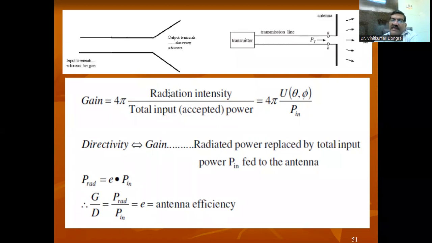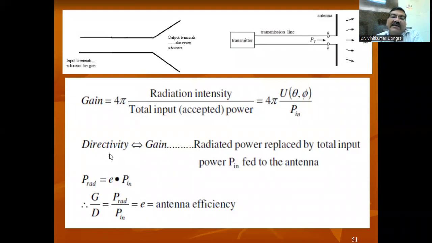So the radiation intensity in the particular direction, U of theta 0. Just now we have seen the radiation intensity in watts. P in is the total power accepted by the antenna.